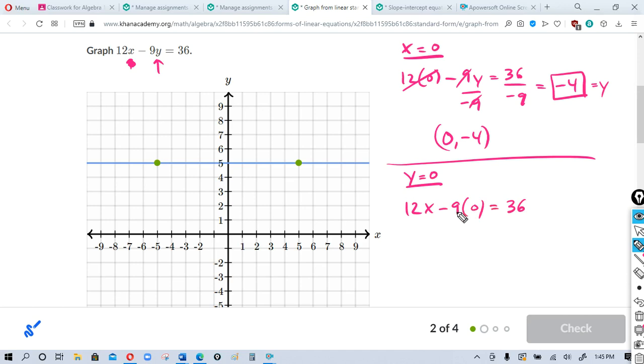Okay, 9 times 0 is just 0, so that cancels. x times 12. In order to get rid of that times 12, we're going to divide both sides by 12. All right, the 12 over 12 cancels. And x equals 36 divided by 12, which is just 3. So when y equals 0, x equals 3.